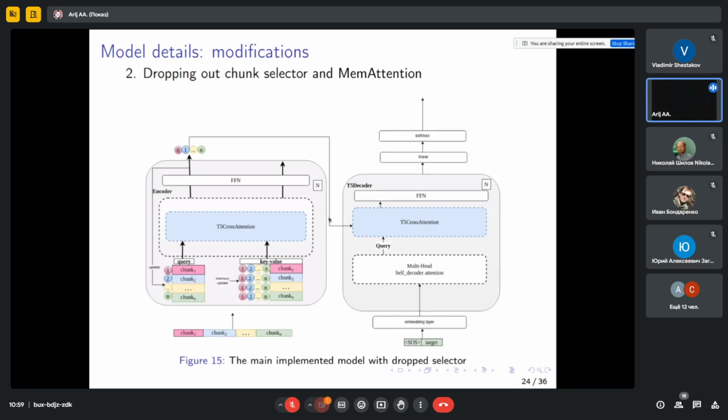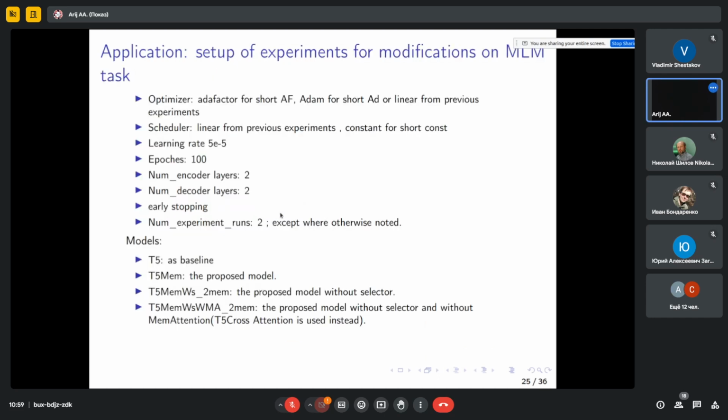The second modification was to use T5 cross attention instead of T5 memory attention, with a relative positional encoding in the encoder to relate the memory with the chunk. As we know, in cross attention, we don't use a relative positional encoding in the decoder. So to relate the memory with a chunk, I added the use of relative positional encoding.